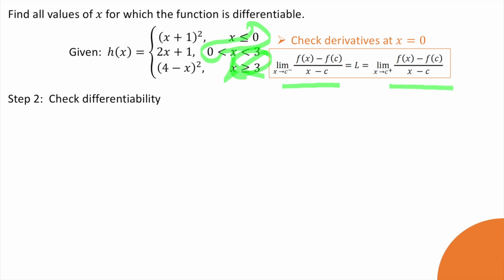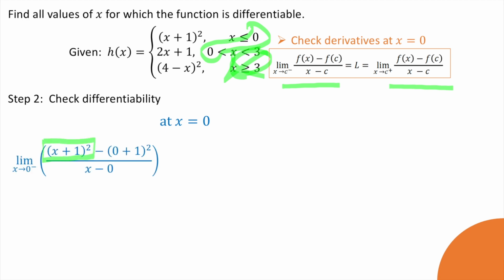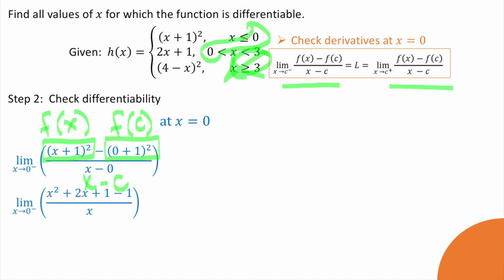So we'll use the alternate form of the derivative to find the slope at 0. Here's f of x minus f of c over x minus c, c being 0, that's the part that we're interested in. And then we can expand that and simplify.